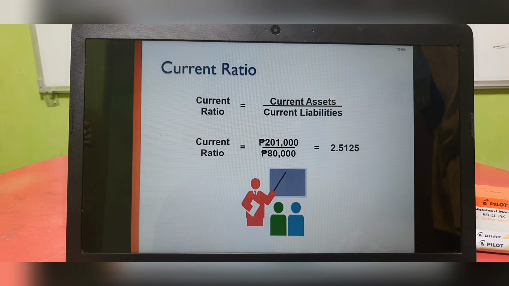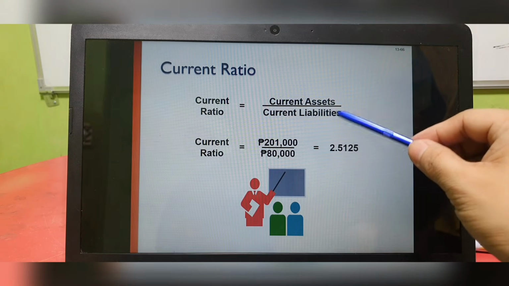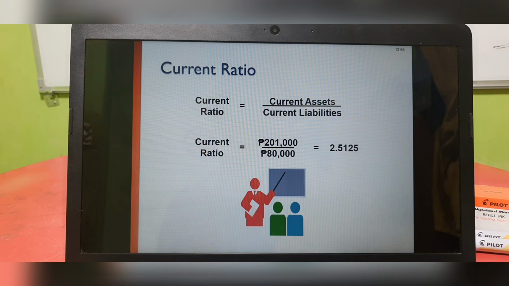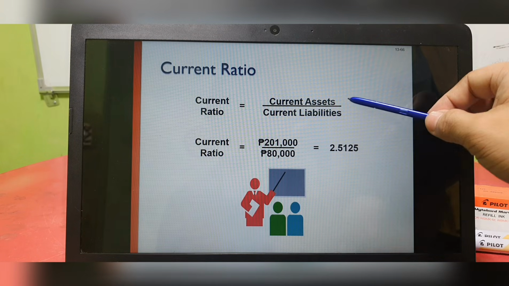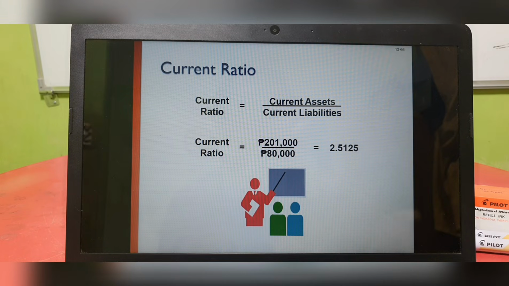Okay. But remember, hindi lahat ng current assets natin ay nako-convert into cash. Kasi, pag usapang pag-settle ng current liabilities, ang in-expect natin na pang-settle niyan talaga ay cash. Kaya yung current assets natin, we are expecting those to be converted into cash. Ibig sabihin, pag bayaran na, hindi naman pwede nang ibabayad natin sa empleyado natin or ibabayad natin sa Meralco ay mga inventories or receivable.